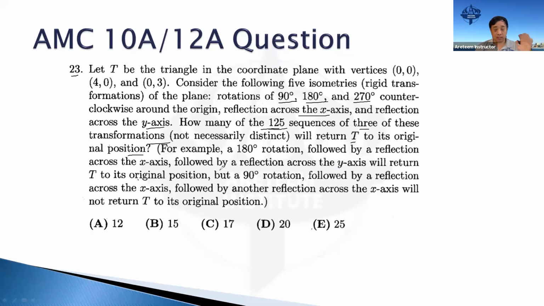Especially the triangle is not the same after you do a rotation or whatever. We don't have time to talk about the actual solution, so I'll just give you the answer. The answer is 12. You can check out the solutions.